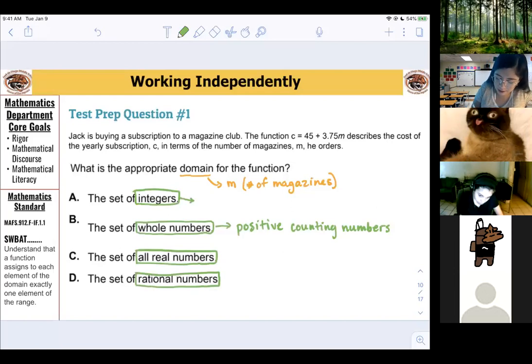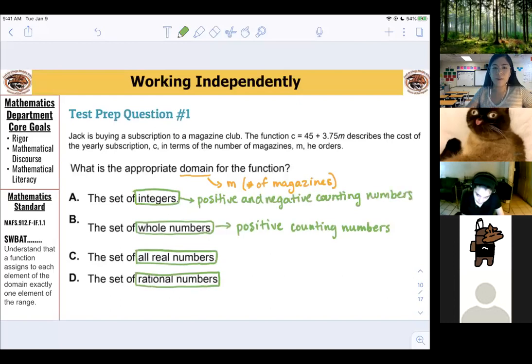The only difference is that these are positive and negative counting numbers. So there's still no fractions, no decimals, but with integers, it could be 1, 2, 3, 4, 5, but also -1, -2, -3, -4, -5. So they're whole numbers, but it's the positives and the negatives. And that's a very important distinction because in a problem like this one, that's going to make a big difference.